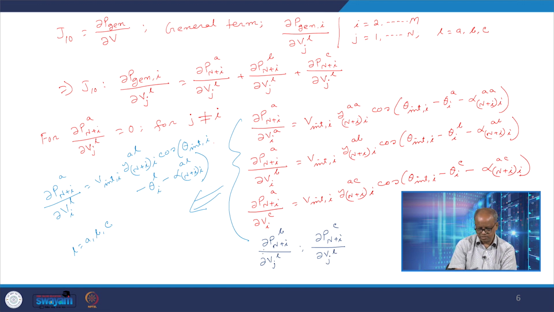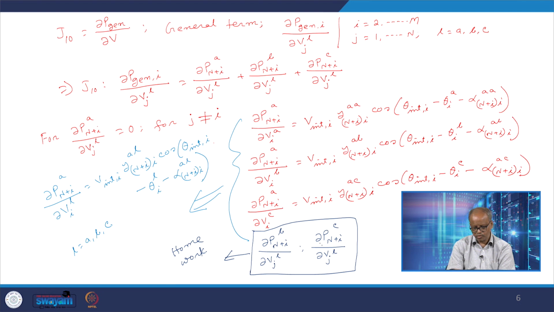These derivations are homework. Once you get this, when you just add them up, you get the final answer.